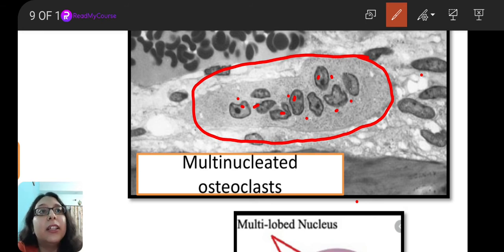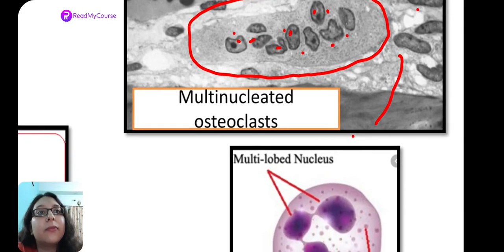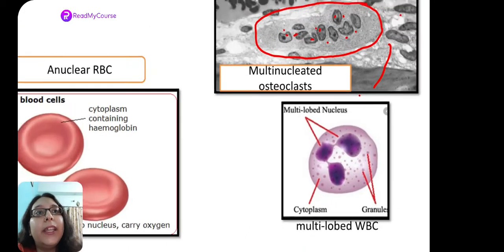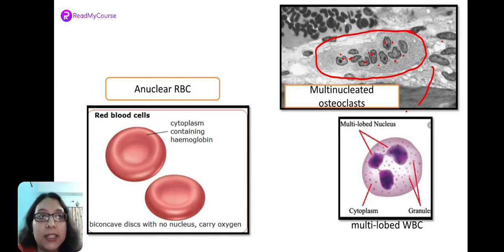Next, if we look at the white blood cells, the white blood cell has a multi-lobed nucleus. It has one nucleus, but that nucleus has various lobes, so it is multi-lobed. So these are the various morphological variations which we find in the nucleus of a cell.